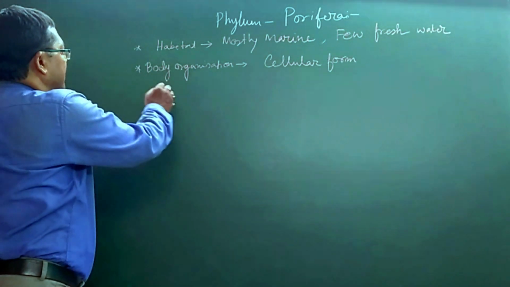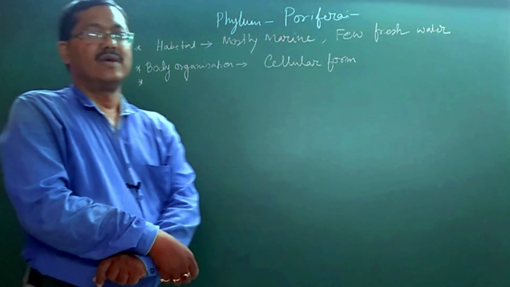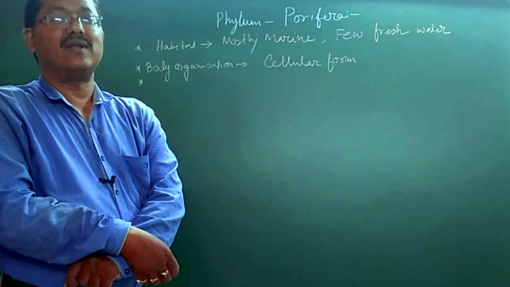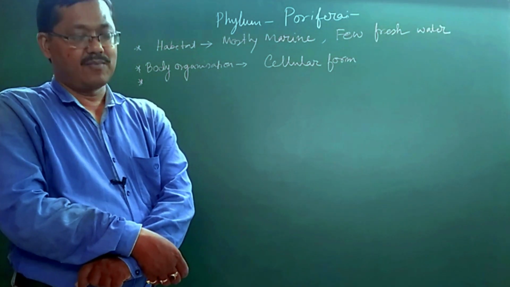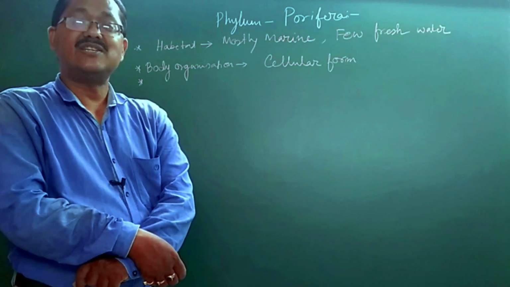Their body symmetry: they are asymmetrical. When we cut their body in a vertical plane, the segments we get will not be similar to each other.